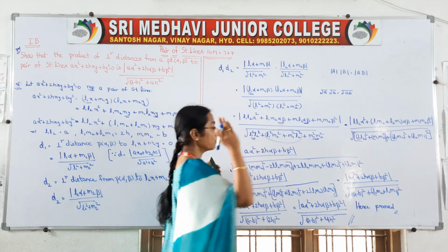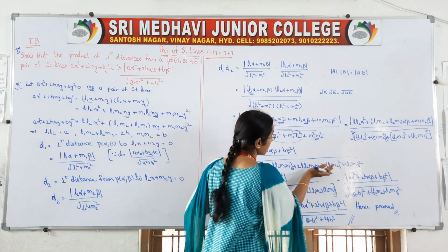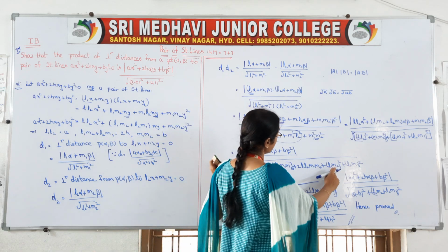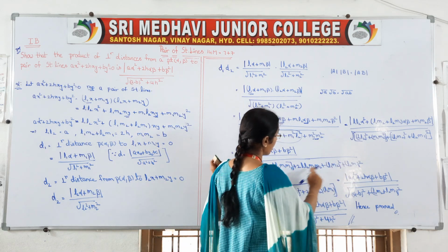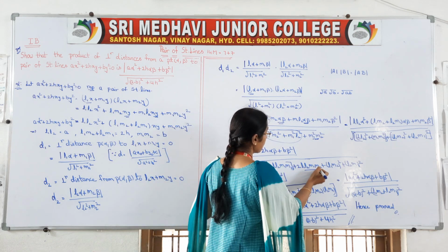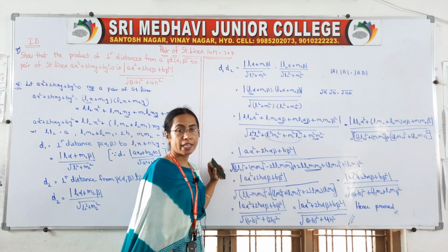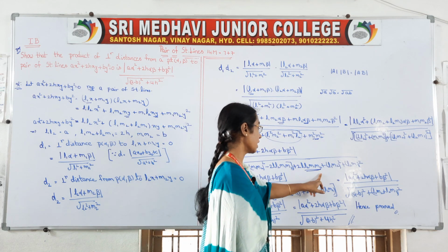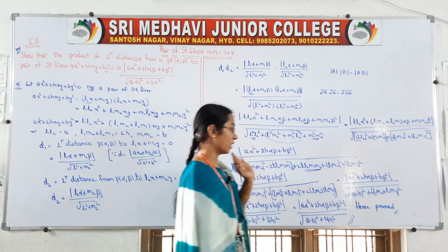After that I adjusted these values. How did we adjust? If you observe, this is a square plus b square form, and 2ab it should be. In a multiplication we can change the places of the values, so I have taken L1 M2, L2 M1.